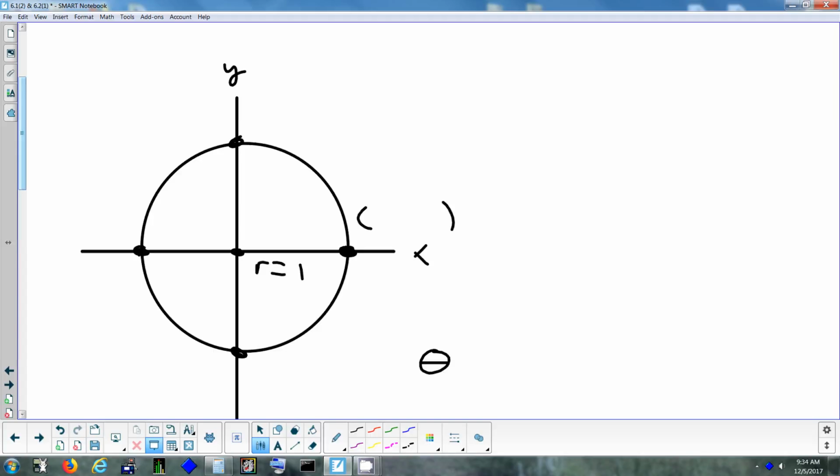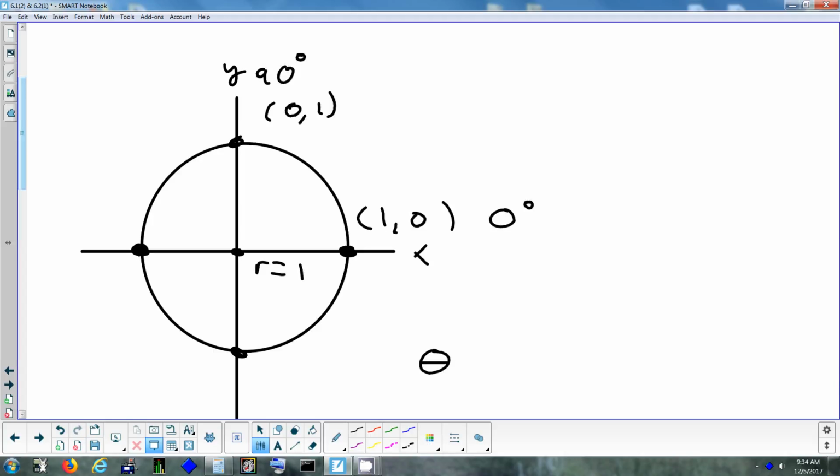If you've gone from the origin 1 unit away from it in a horizontal direction. Yep. 1, 0. 0, 1 would be up here. Okay, so coordinates for 0 degrees, going right 1 is 1, 0. The coordinate for 90 degrees is 0, 1.